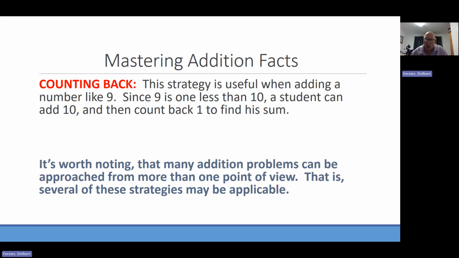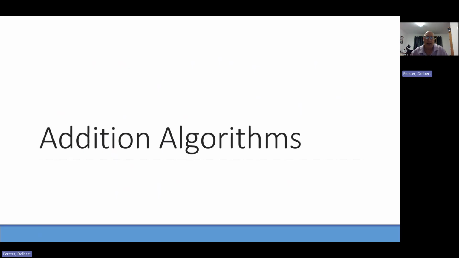I'm not a Luddite. I know calculators are not going to go away, but I also think it's probably our challenge as the presenter of the content to help our kids be more adept at doing things mentally. And I don't think one necessarily precludes the other. All right, we're going to look at some addition algorithms as we continue our work on Unit 3.